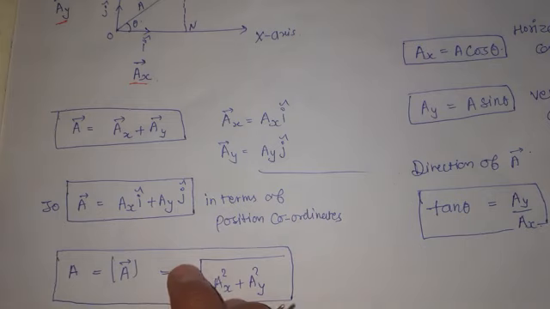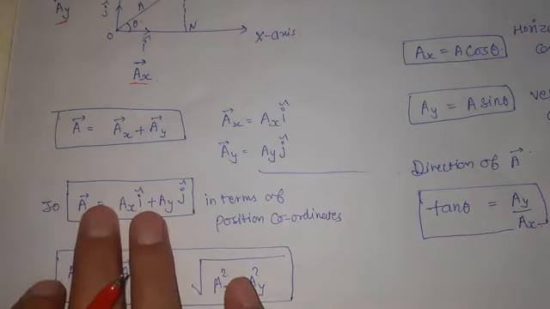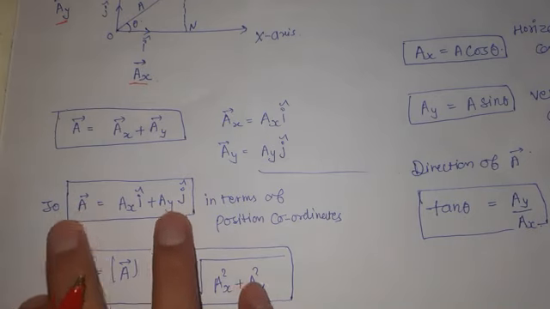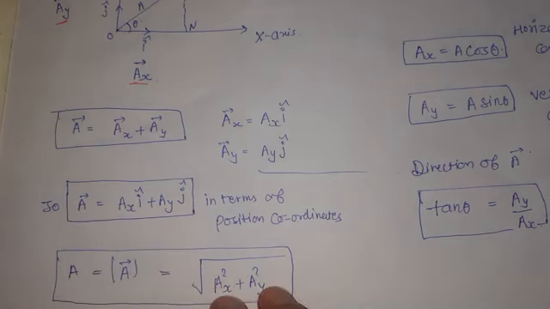Remember this: whenever position coordinates are given, this is how we write the vector and thereafter find its magnitude.